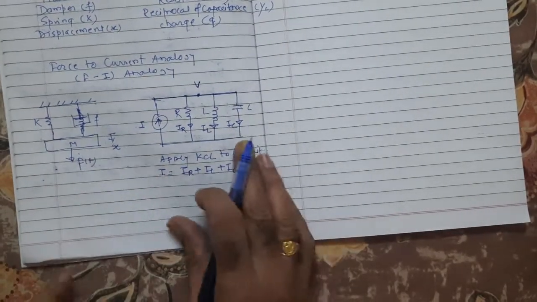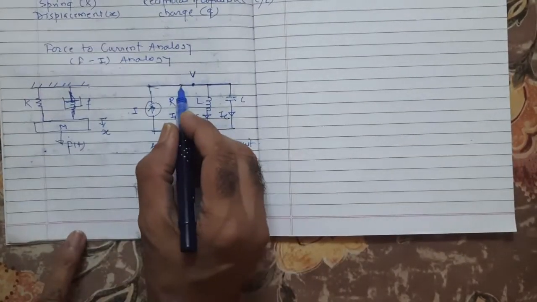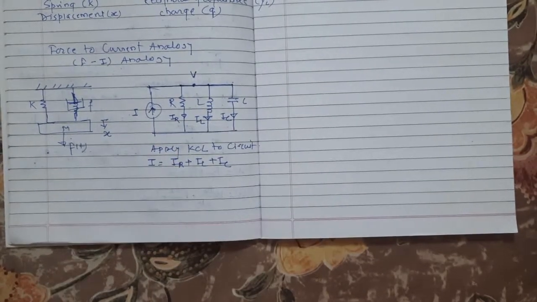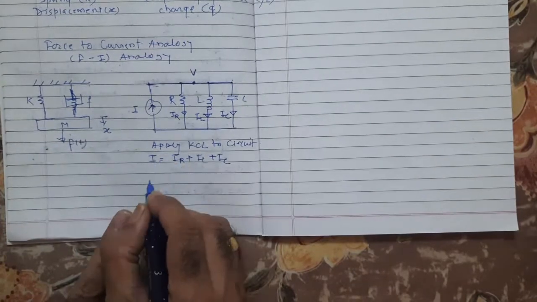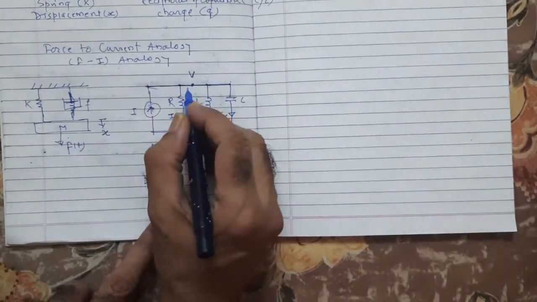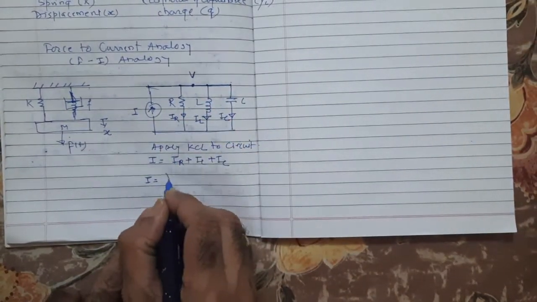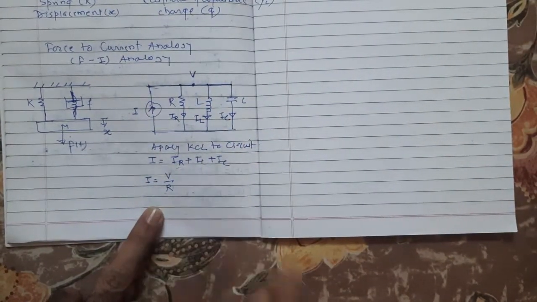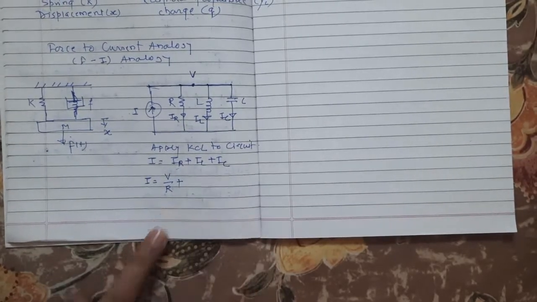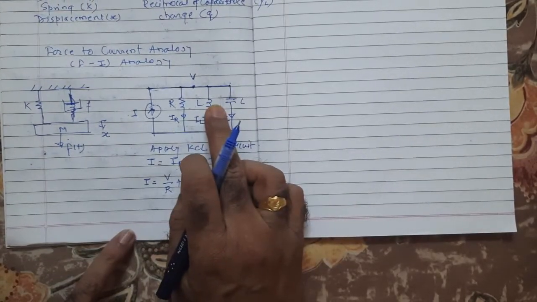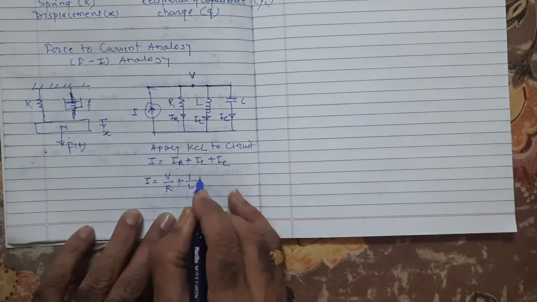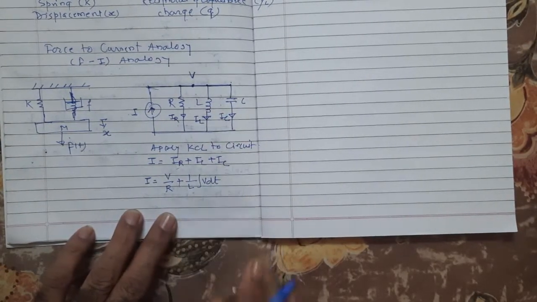So we know here the voltage at the L point and at the C point will remain the same. So we can write down I equals V divided by R, so we will get the current I_R, plus this is the inductance L, so here we have 1 by L integration of V dt.